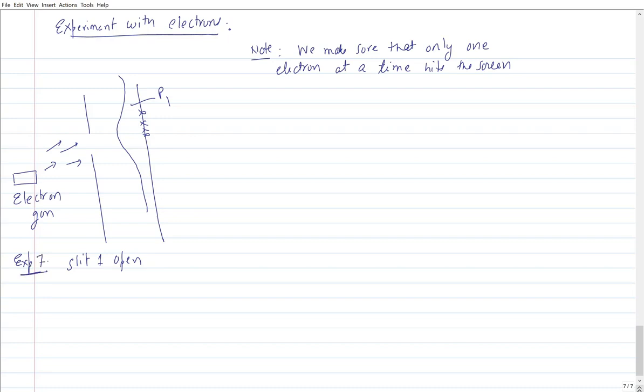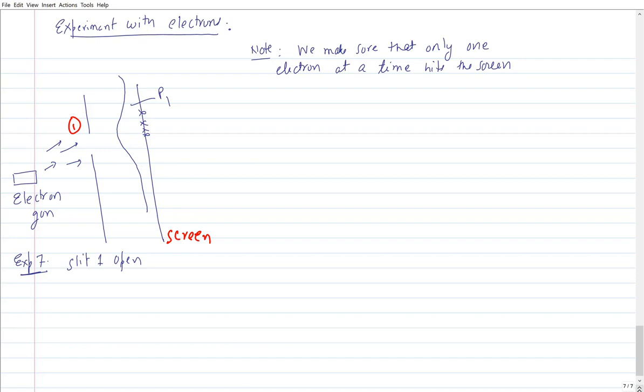So what do I observe? When I have the upper slit open, I detect the electrons on this screen, and as I collect the electrons hitting the screen, I again make the histogram and plot the probability distribution. I get a curve exactly like the bullets. It has a peak somewhere, and I get a qualitatively similar curve.